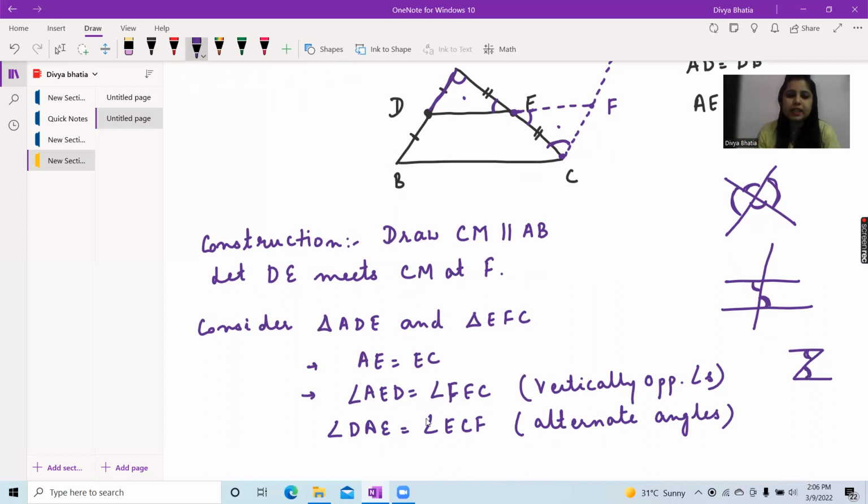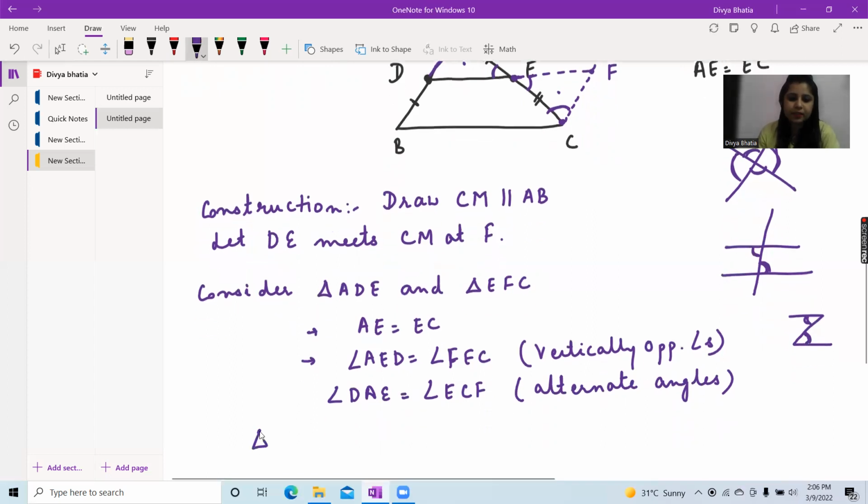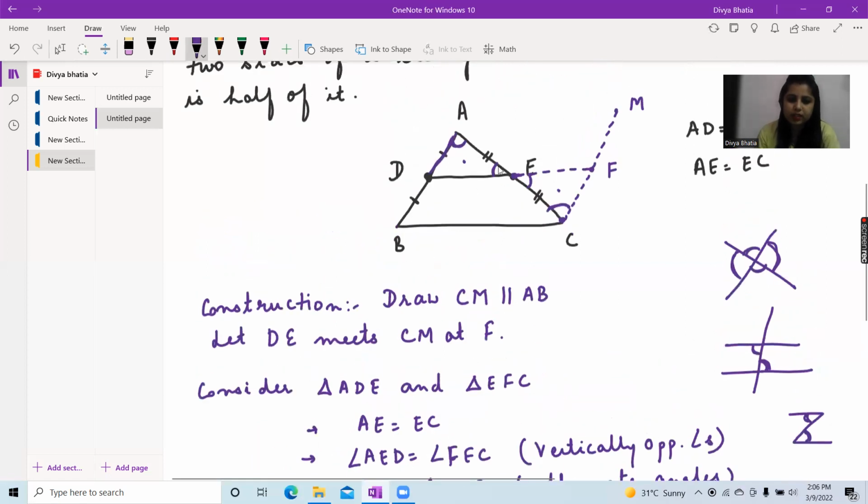Now, I can say these two triangles are congruent by which property? I have two angles on one side. Which two angles? These two angles and this side.